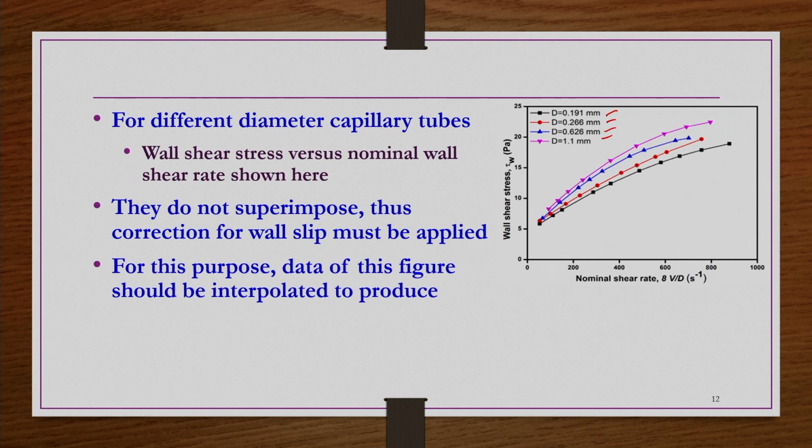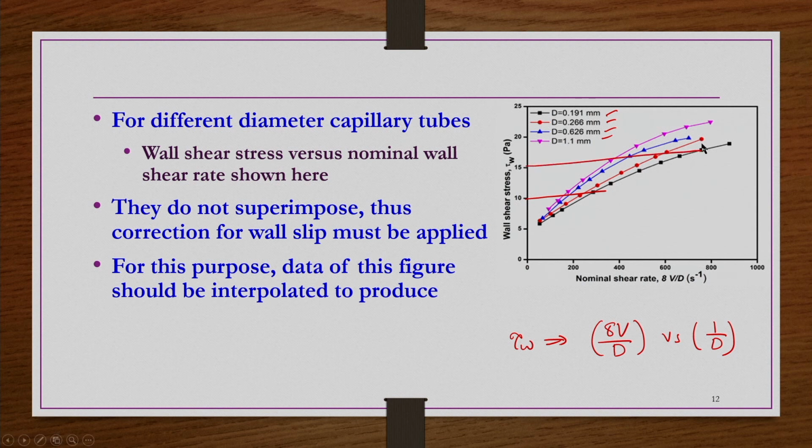So, now how to get that information? What we did a couple of slides before, we have to plot 8V by D versus 1 by D for different tau W values. So, now you select different values of tau W, maybe 10, 15, 20 like this.